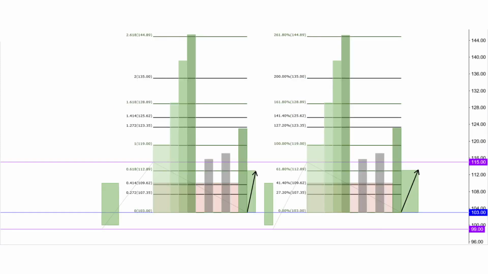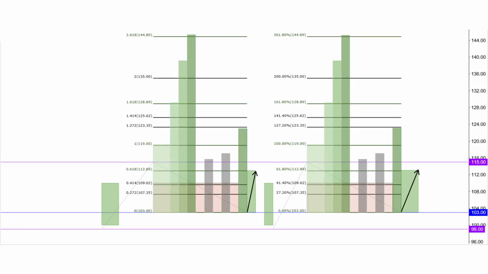Once again, the extended levels can also be thought of from the perspective of the base trend attached to the end of the retracement, where the 2 level is double or 200% of the base trend, or the 1.618 level is 161.8% of the base trend.